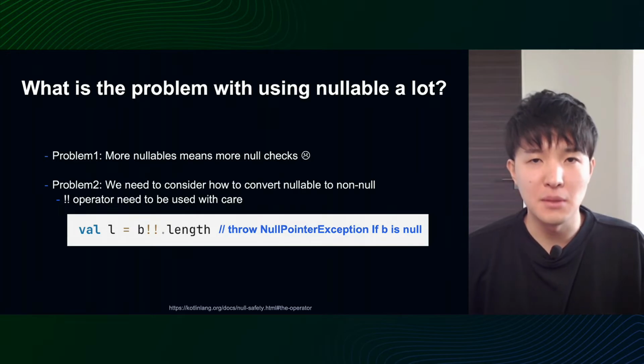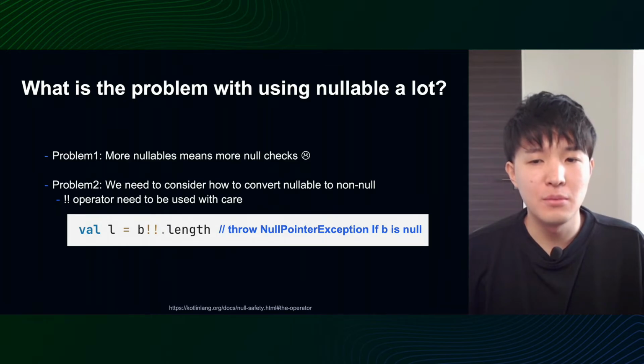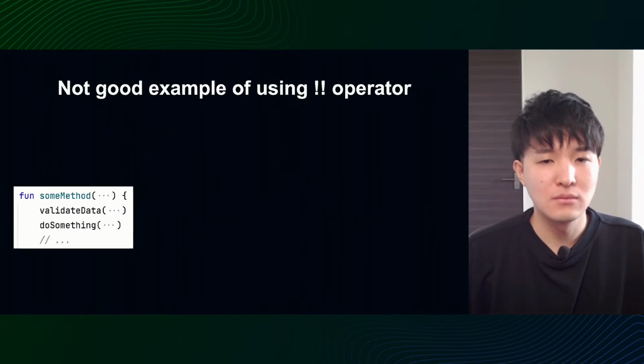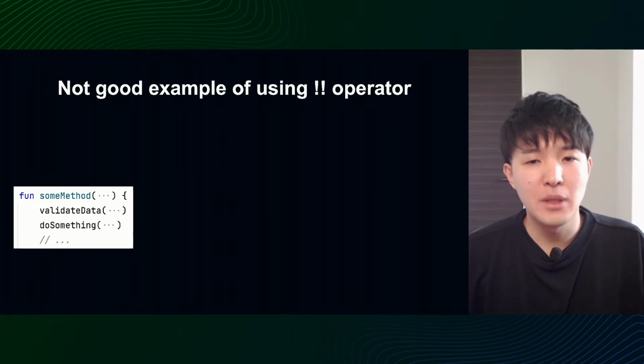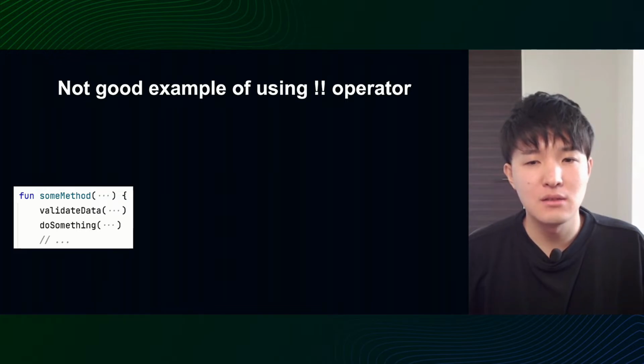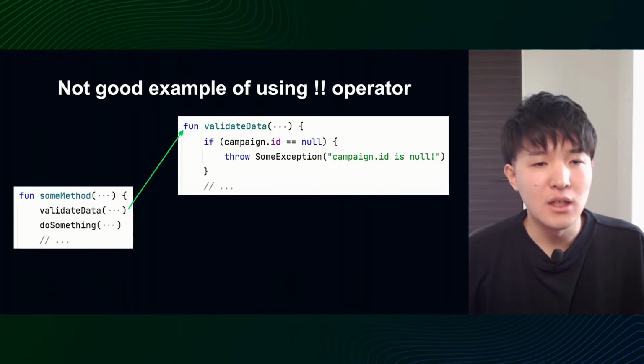And also, converting nullable to non-null must be well considered. For example, the not null assertion operator requires caution. The not null assertion operator throws a null pointer exception if null, and it is written as two exclamation marks. So here is an example of a poor use of the not null operator. For example, you have some method which calls validate data and then calls do something.